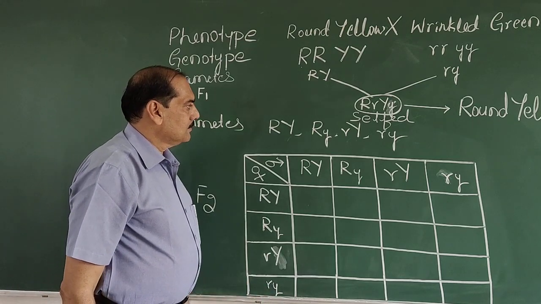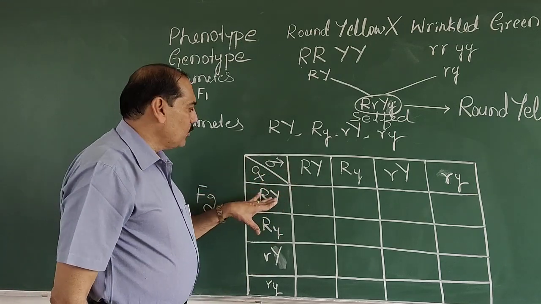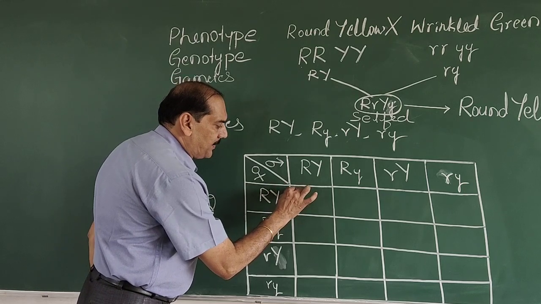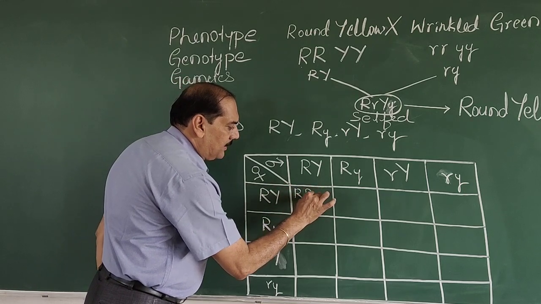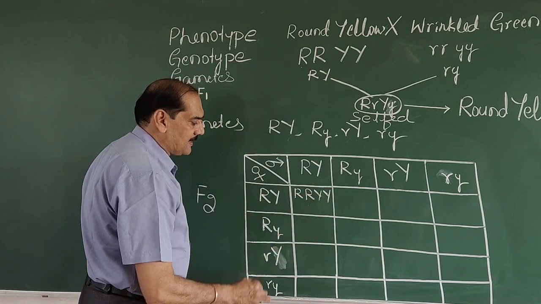Next, here, when this male gamete fused with this female gamete, we have to write the factors here: capital R, capital R, capital Y, capital Y. Like this, you have to fill all the boxes.